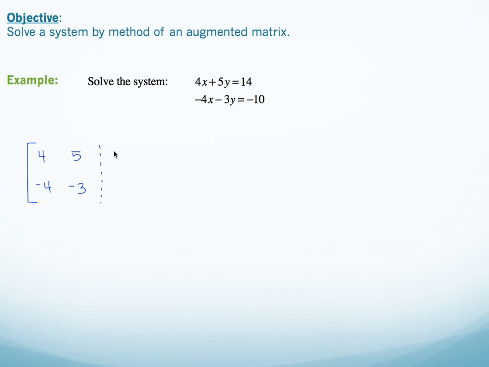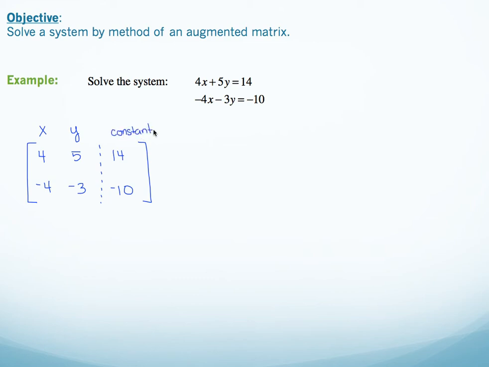In the last column, I'm going to write down the constants. And this right here is the augmented matrix. I'm just going to make a note here that the first column represents the x variable, the second column represents the y variable, and the last column is our constant.